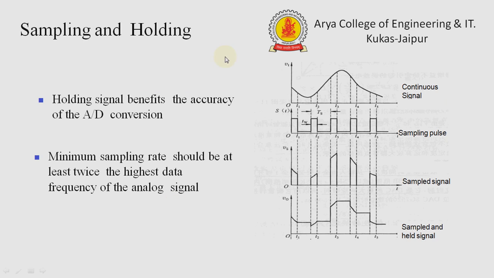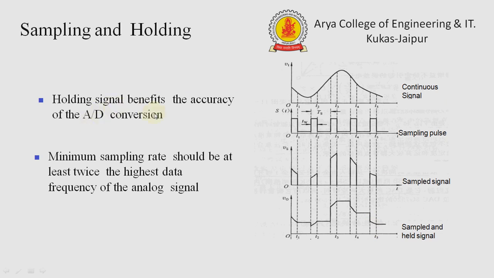So this is the brief of the sampling and holding signal. Here is the continuous signal. This continuous signal passes through the sampling pulse, and then it is converted into the sampled signal. This signal is then applied to the hold circuit, and after the sample and hold circuitry we get this signal.